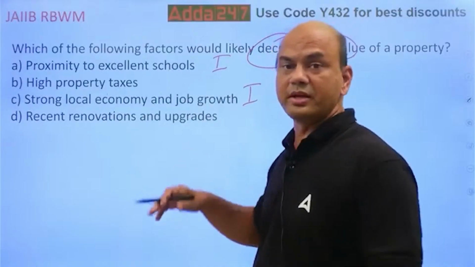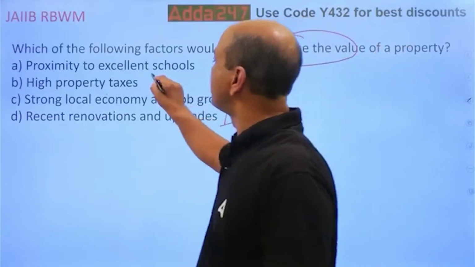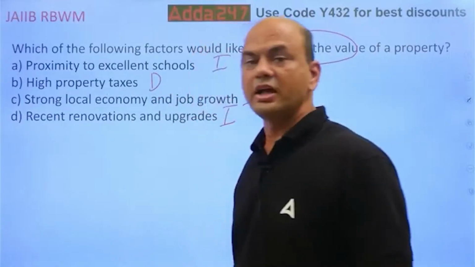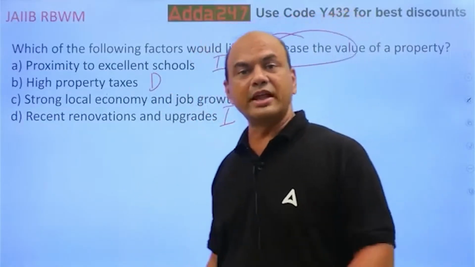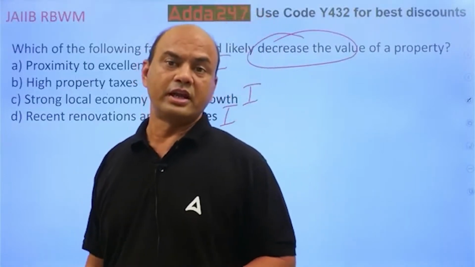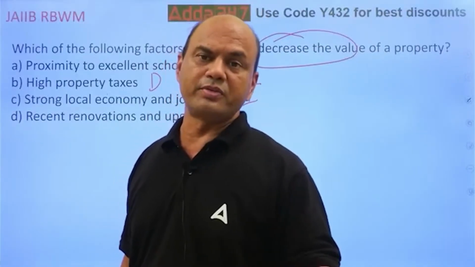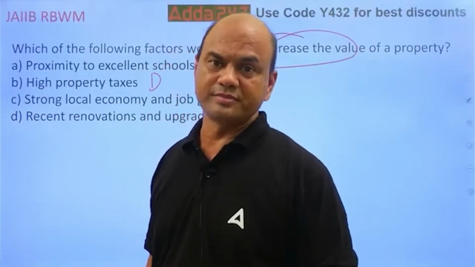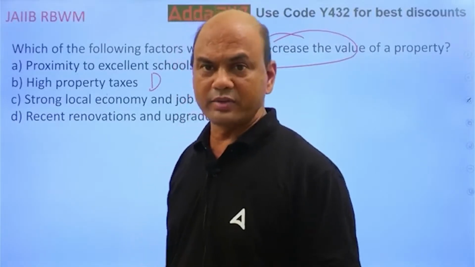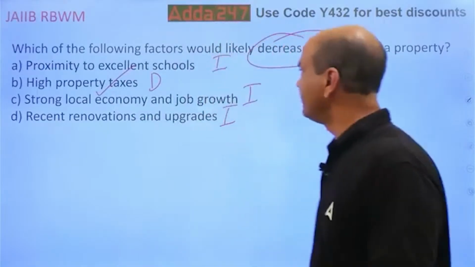Recent renovations, I have made a renovation, painting, so that will increase. This will decrease. High property taxes. If the taxes are heavy in any area and I want to purchase that property, first what will I think? Yearly profit, yearly taxes are this much. Isn't it? I'll think it that way only. So this will decrease. This is the right answer. B. Okay.